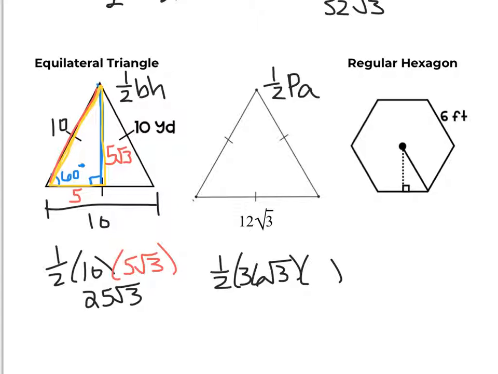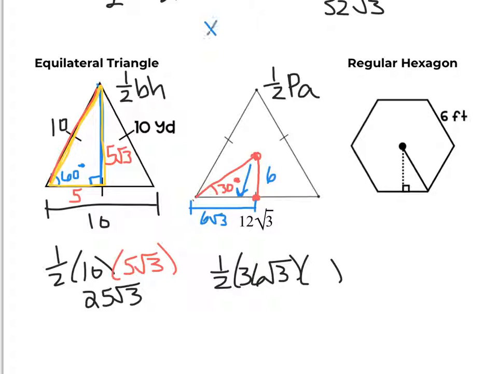I need my apothem. The apothem goes from the middle of a side to the center of the circle. And when I do that, it makes a 30, 60, 90 triangle where the 30 is what's on the bottom. So I'm going to split the 12 in half, which gives me 6 square root 3. And that's opposite my 60, so opposite my 30 is going to be just 6.